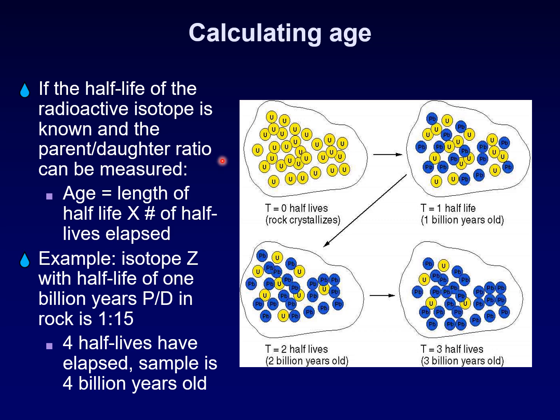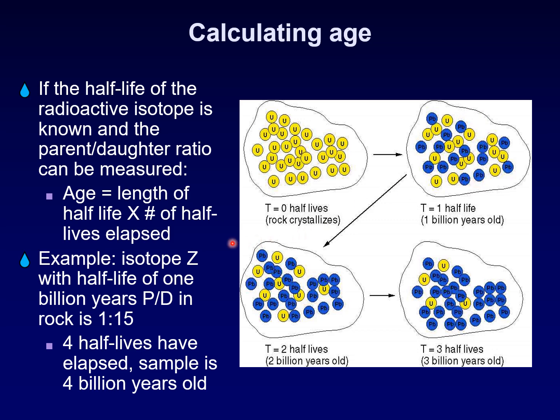So in the case of uranium, it's 1 billion years for 100% uranium to decay to 50% uranium, 50% lead. So that's 1 billion years. And we know the ratio, in this case 50-50, so we know 1 half-life has taken place. In this example, 1 half-life has gone by, so it's 1 billion years old.